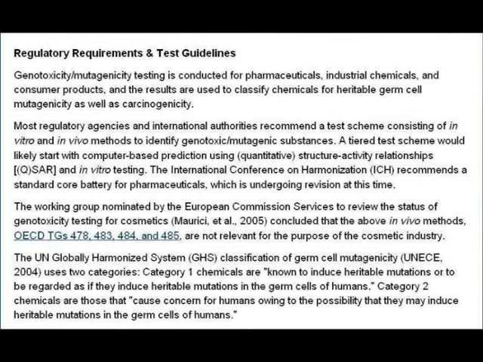Most regulatory agencies and international authorities recommend a test scheme consisting of in vitro and in vivo methods to identify genotoxic/mutagenic substances. A tiered test scheme would likely start with computer-based prediction using quantitative structure-activity relationships (QSAR) and in vitro testing. The International Conference on Harmonization recommends a standard core battery for pharmaceuticals, which is undergoing revision at this time.